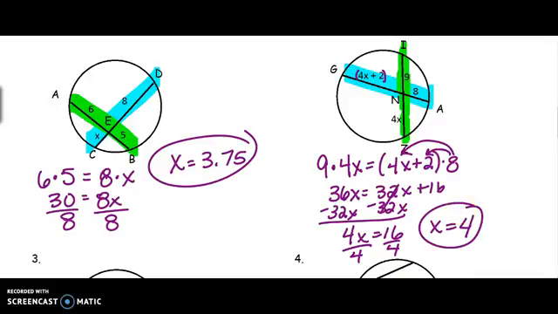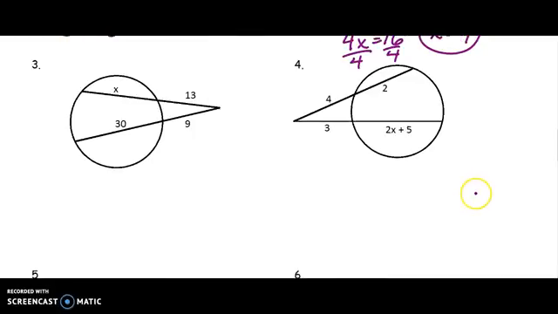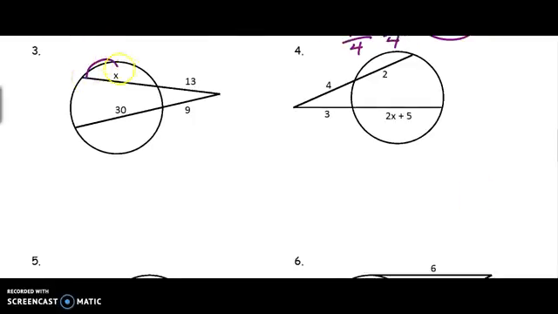So that's chord. If we have secant, what we have to do is first find the whole of our top secant. And remember, you just add those two pieces together. So this would be x plus 13. Okay, and because it is more than one term, we have to put it in parentheses, x plus 13.